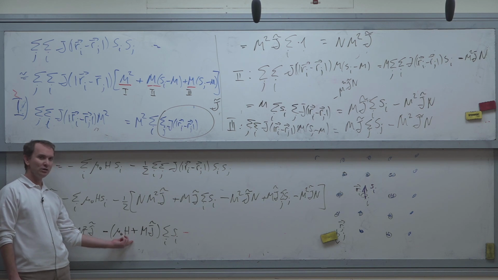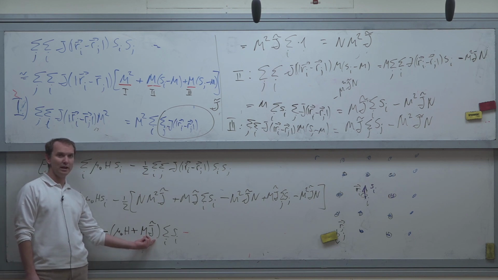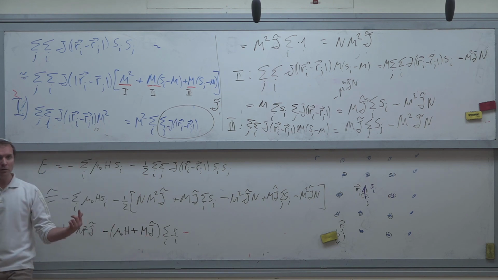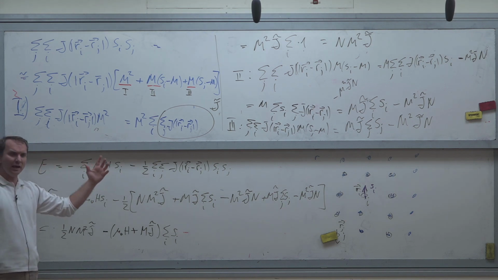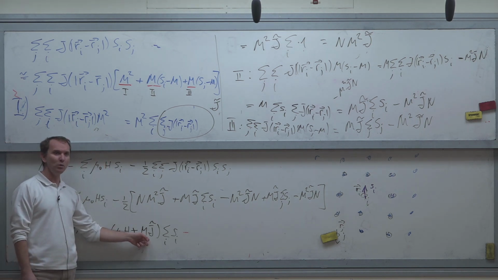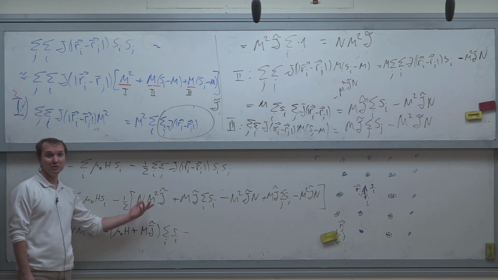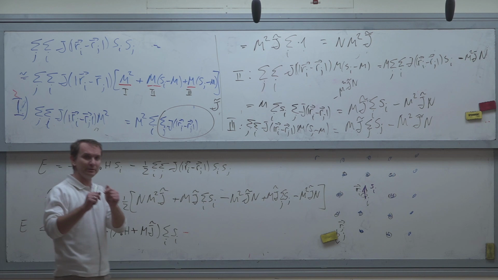Because we don't have only mu 0 H, which is the natural field, the external field. We have an additional contribution, which is M J tilde. This is the point of our approximation. We approximate the effect of all the other spins as some sort of an effective field. We don't really know what this effective field is, but it's there. It's an internal parameter, this M.